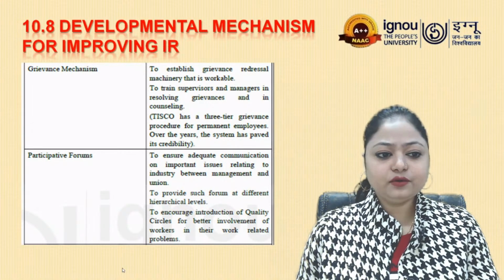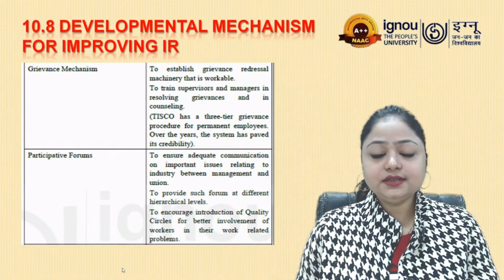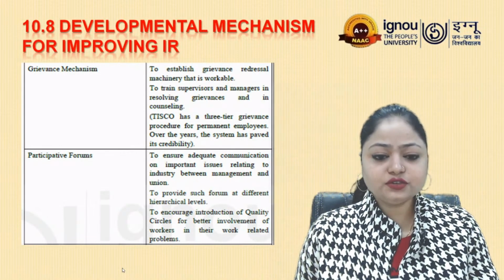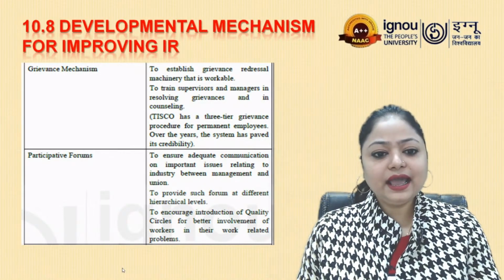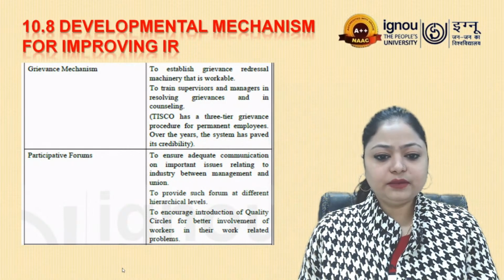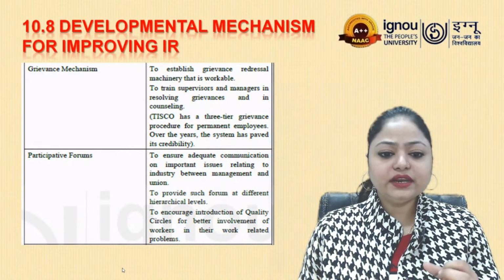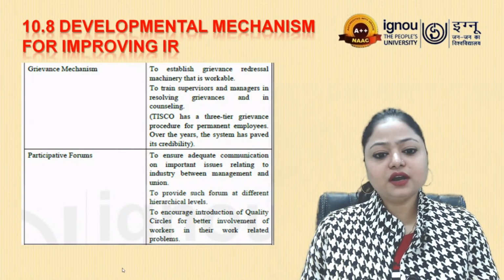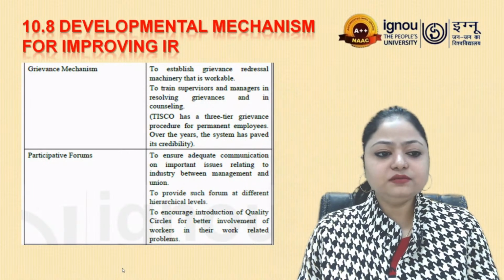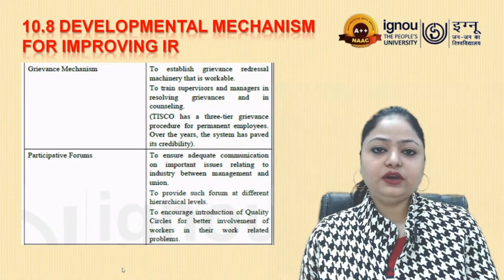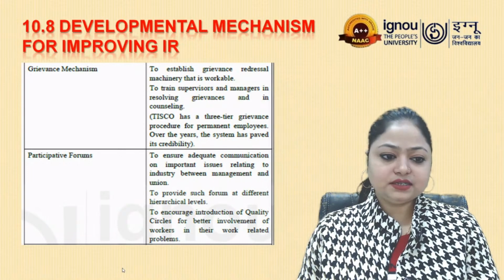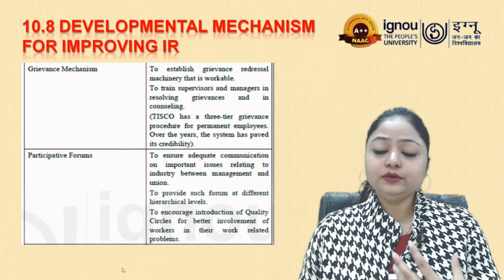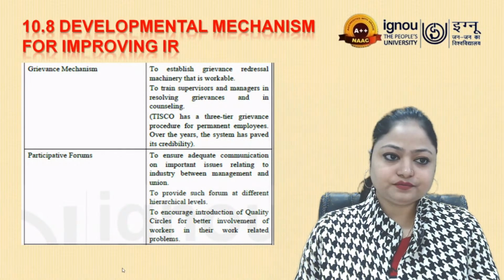Then participative forums are meant to ensure adequate communication on important issues relating to industry, management, and union, to provide such forums at different hierarchical levels, to encourage introduction of quality circles and better involvement of workers in work related problems. So participative programs or labor union participation is very important to cultivate improved industrial relations.